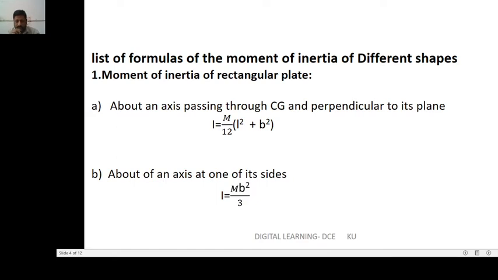Whereas moment of inertia about an axis at one of its sides is given by I equals m b square divided by 3, where m is the mass of the body, L is the length of the rectangular body, B is the breadth of the body.